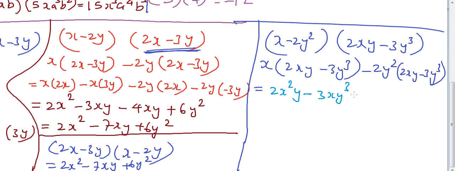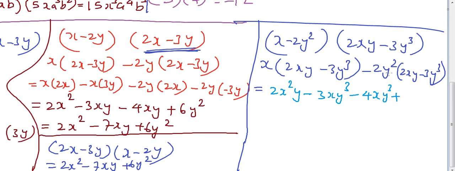Similarly here minus 2y square into 2xy, the sign of the result is negative, so minus 2 into 2 is 4, and x is there, then y square into y cube. Similarly here minus 2, here minus 3, so signs are same, so the result is positive.